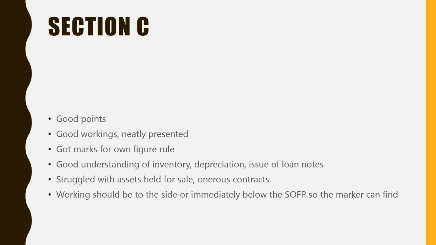So unlike the MCQs or the objective test questions, here, once you put workings and you can show that you're getting to the right place, you can be awarded marks. So I encourage you to put your workings just to the right or the left of your answer on the spreadsheet, so the marker can find it and reference it, and therefore give you marks with respect to it. So that's very important.